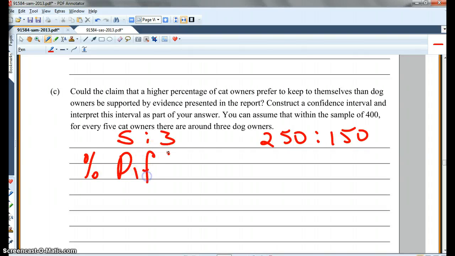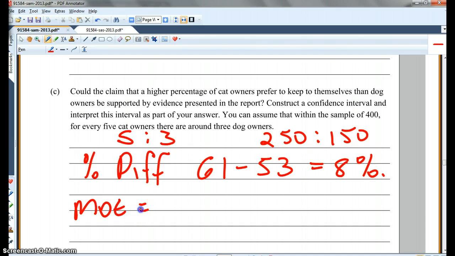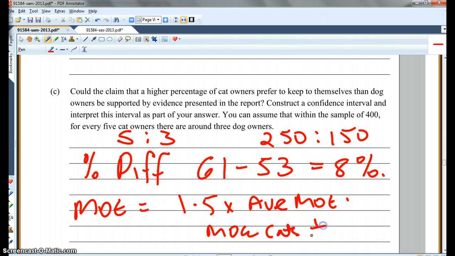Percent difference, 61 less 53, which is 8%, and the margin of error equals. We're comparing two groups, and we go 1.5 times the average margin of error. So the margin of error for the cats is 1 over the square root of 250, the dogs is 1 over the square root of 150.